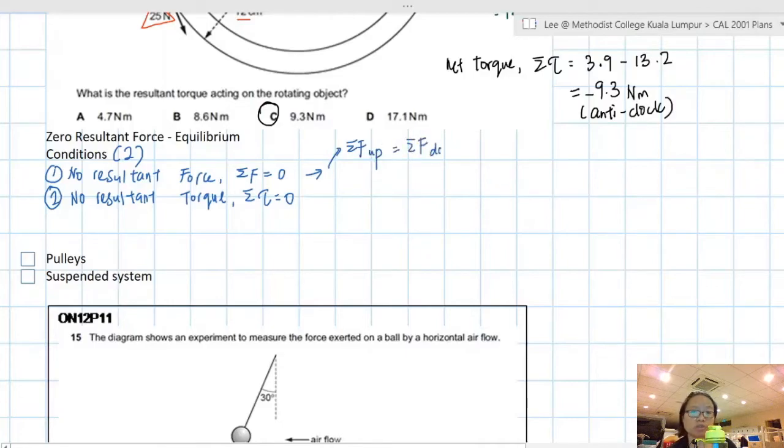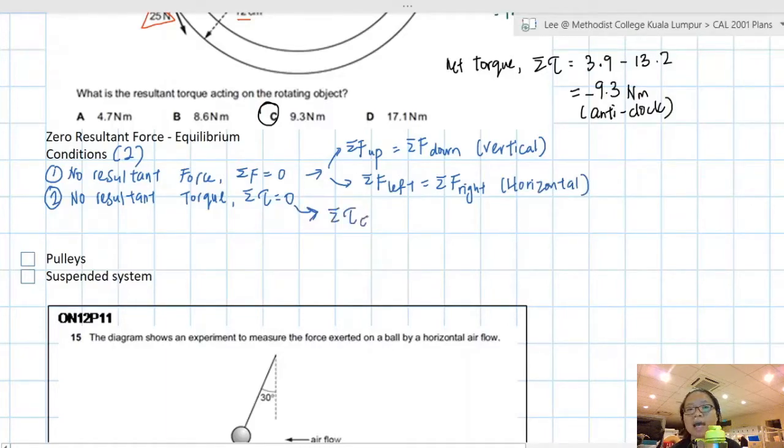Normally we will resolve them into the vertical axis, so the upward force is equal to the sum of the downward force, or the horizontal axis, so the left force will be equal to the right force. And for net torque, we will do clockwise and anti-clockwise. This is moments, which you have done some already in your IGs, if you did IGs.